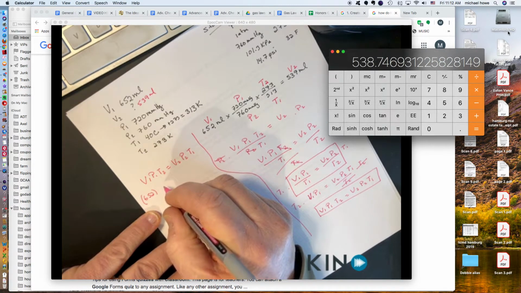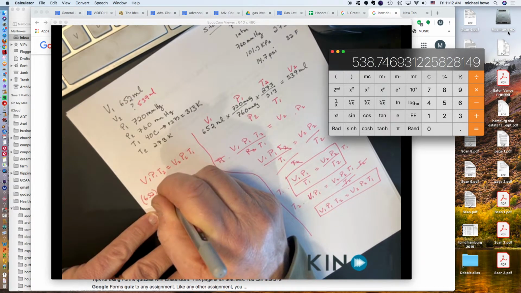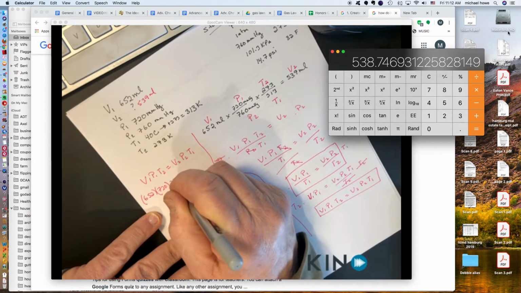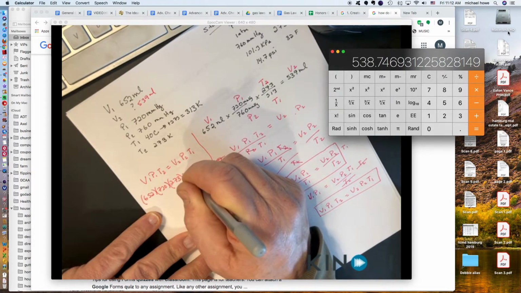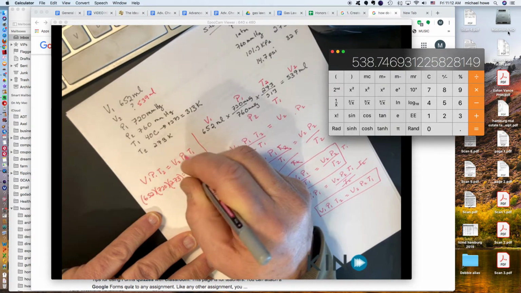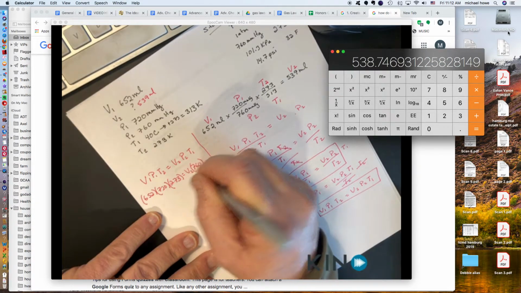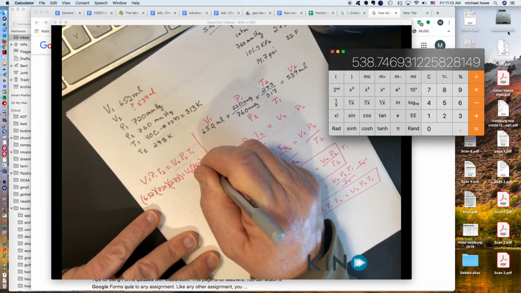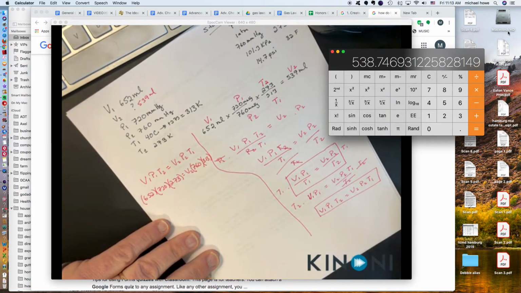P1, 720. I'm leaving units off for the sake of room here. T2, 273 equals V2, we don't know. P2 was 760. And T1 is 313.